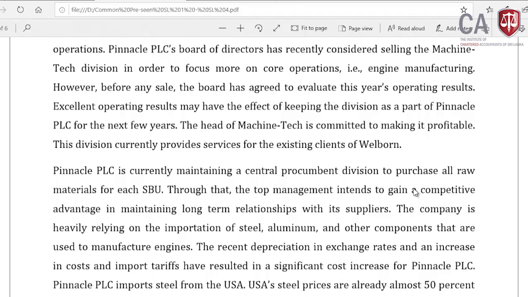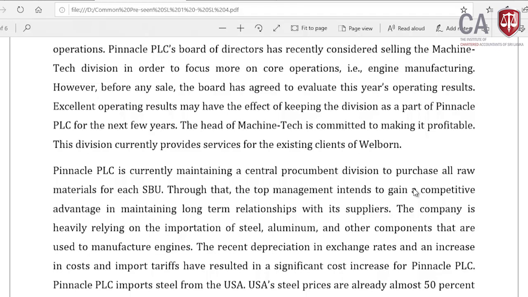Pinnacle PLC is currently maintaining a central procurement division to purchase all new material for each SBU. What is the meaning of that?